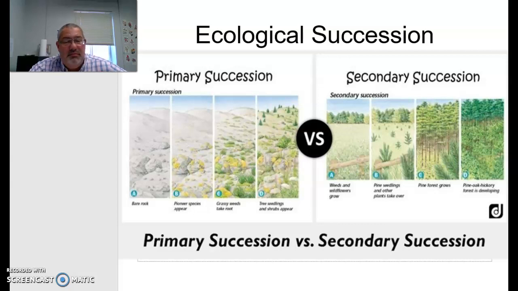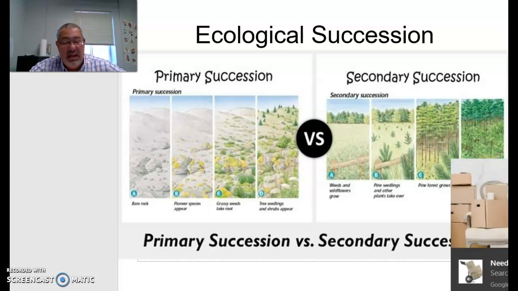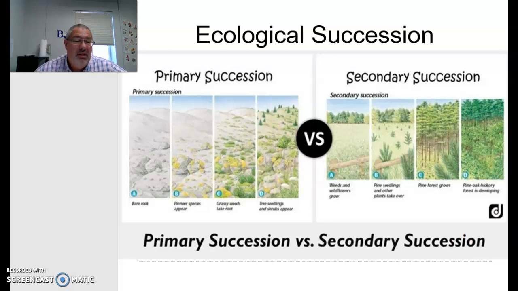And different groups of plants and associated animals will occupy a bare piece of land as it changes. Different types of plants and animals will occupy the environments because they have different life history characteristics that are preferred in those particular environments. And compare that with secondary succession.